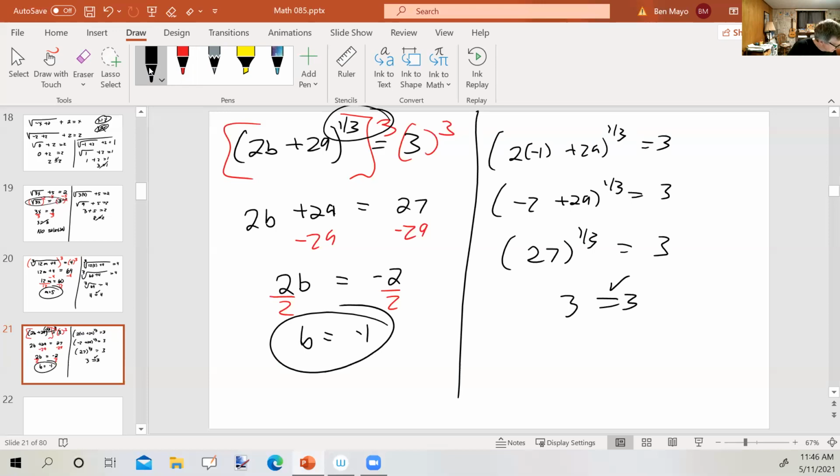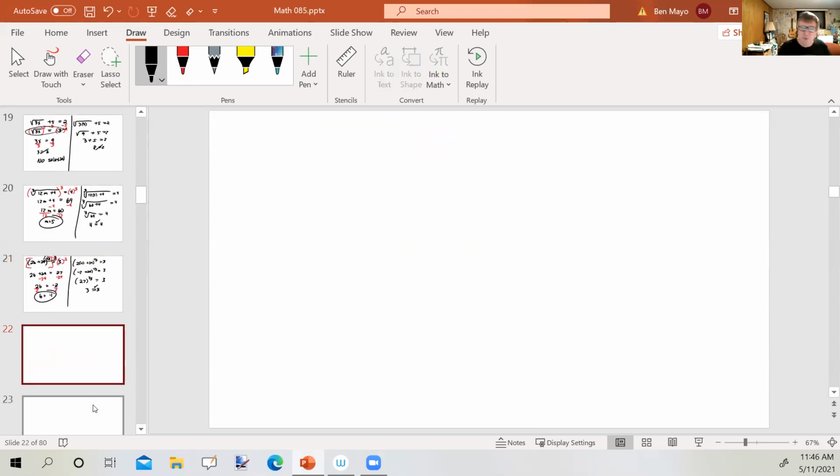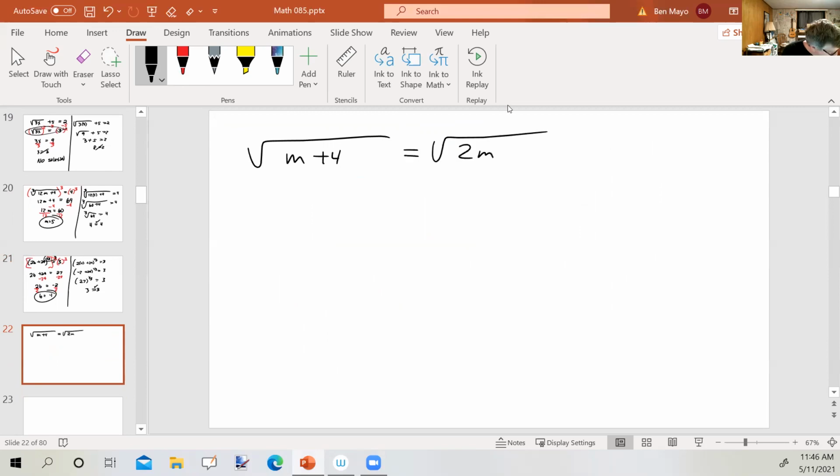Okay, let's see here. Now, let's say we have a situation where we have two radicals. Just like with absolute value equations, when we have an equation with two absolute values, we want to separate the two absolute value terms.